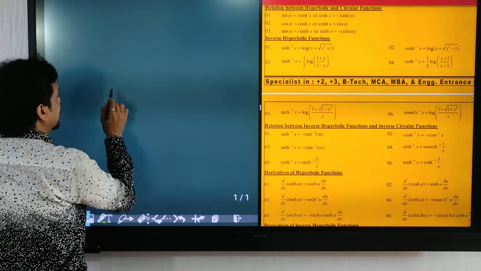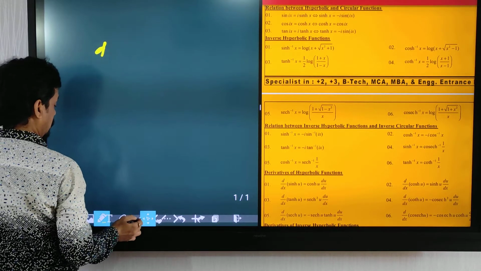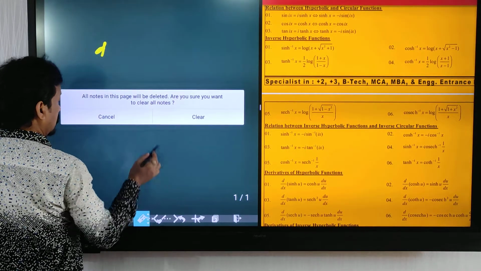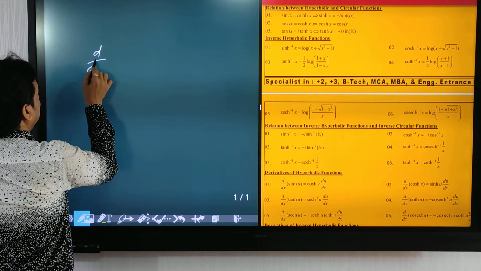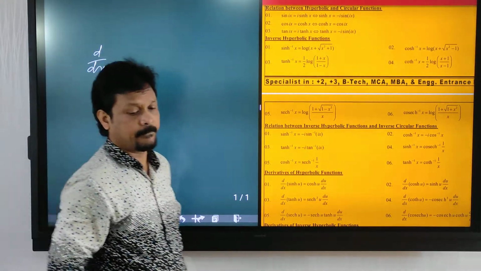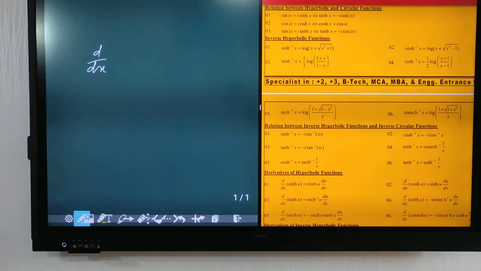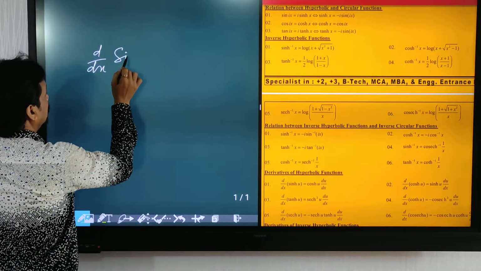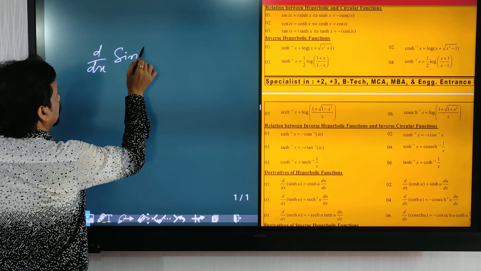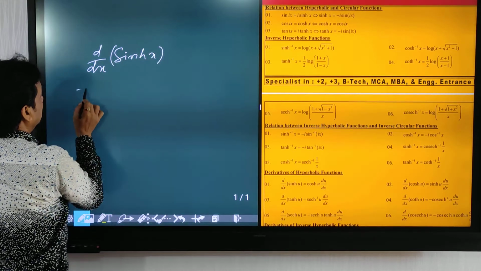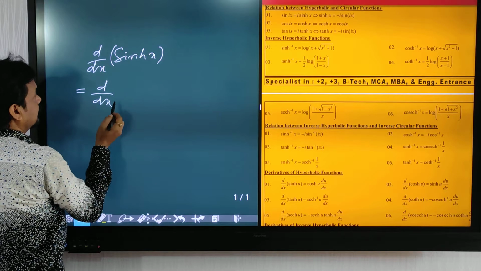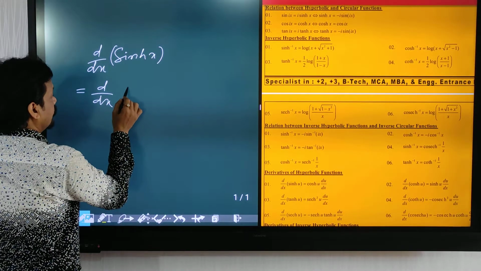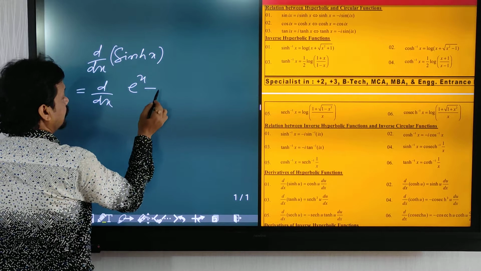First of all, I am doing sinh. d by dx of sinh x will become d by dx of (e to the power x minus e to the power minus x) divided by 2.